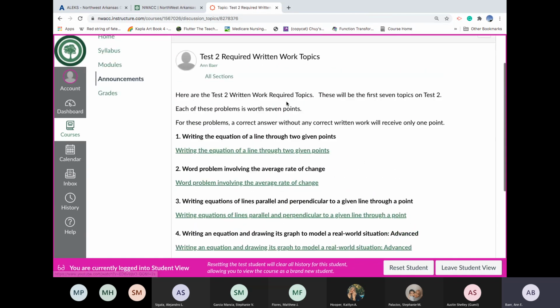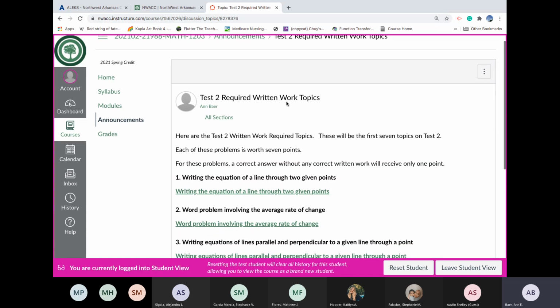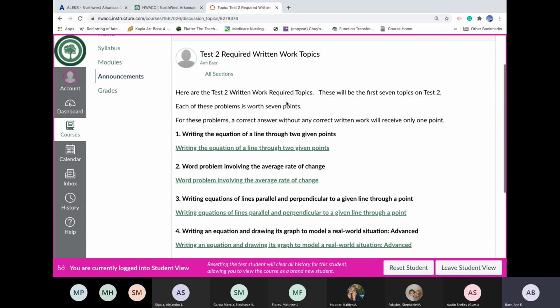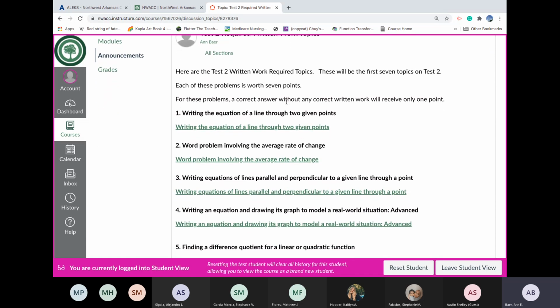So that may be a way that you choose to prepare. Those 7 written work required topics are worth 49 points of the grade, up to 49 points. So they're very important. We are going to go over those topics today.